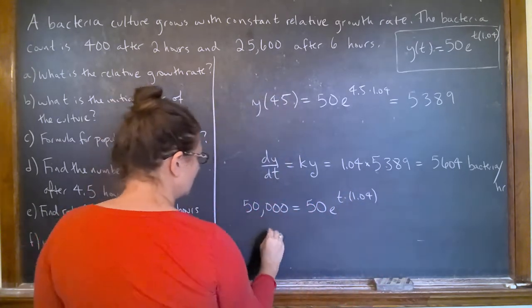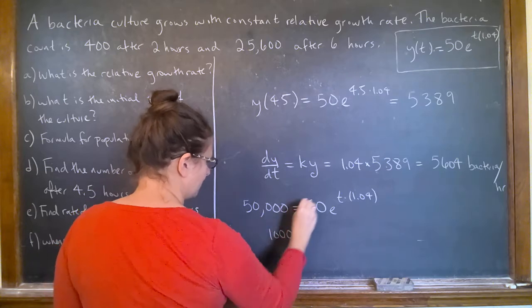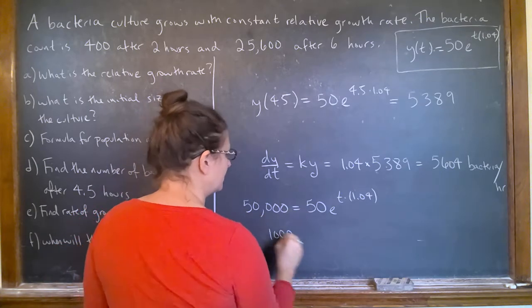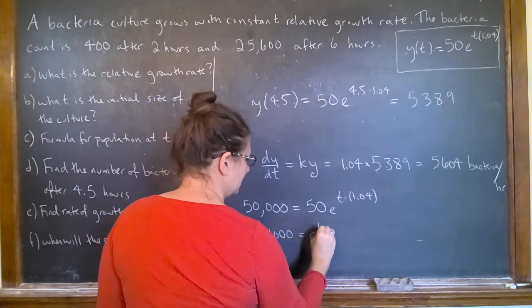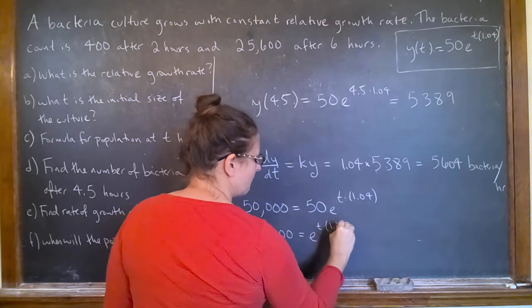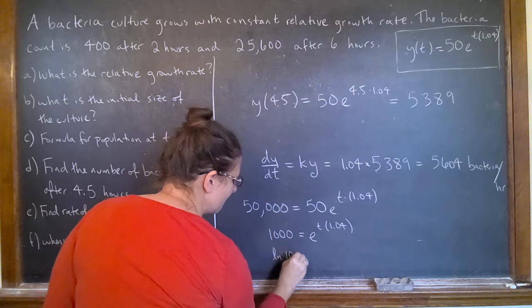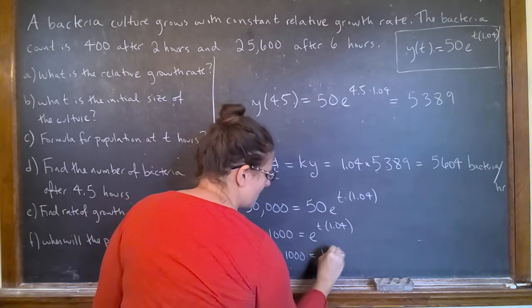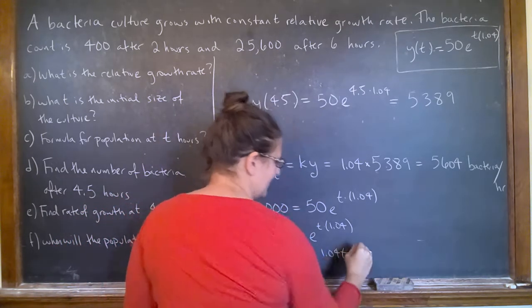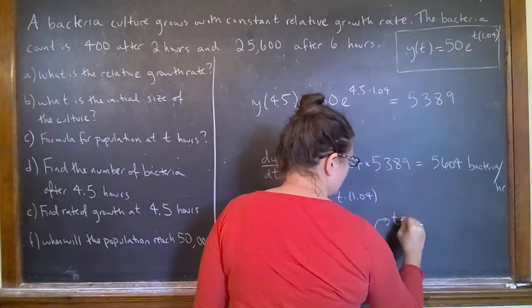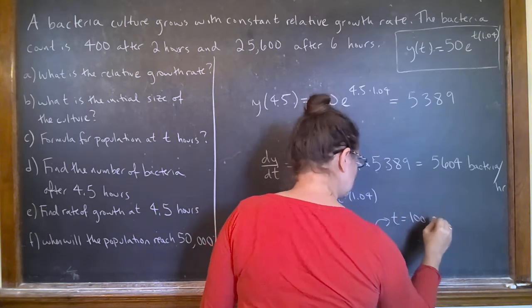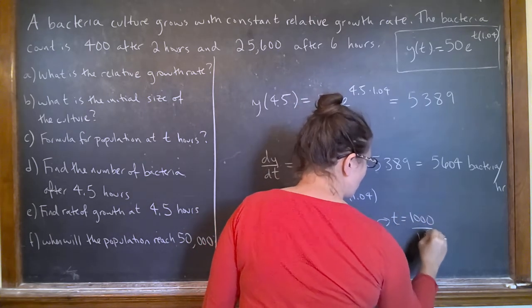Right? So that just gives me 1,000. Divide that through. Equals e to the t times 1.04. Natural log of both sides. Natural log of 1,000 equals 1.04 t.